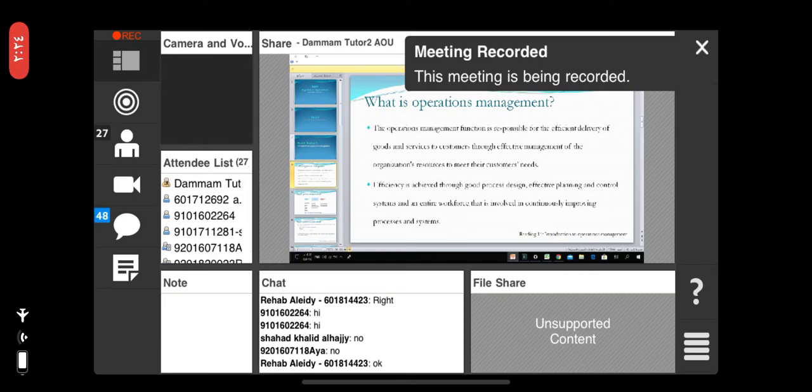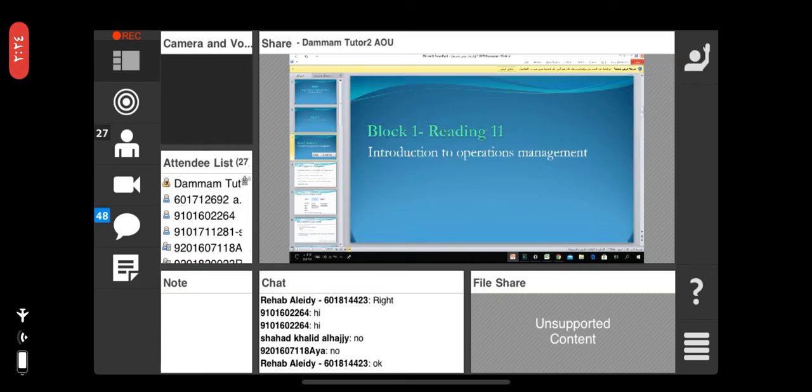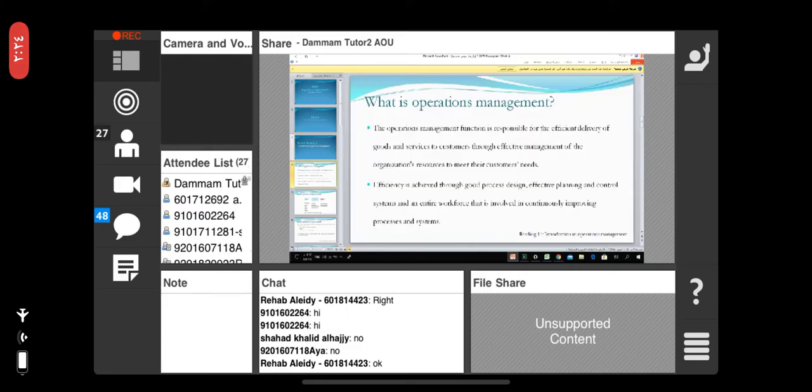Okay, the operation management, as I told you, is something you do on a daily basis. When you become an operation manager, you make sure everything goes smoothly. There are many departments in operation management. Operation management is a function that is responsible for efficient delivery of goods and services to the customer.